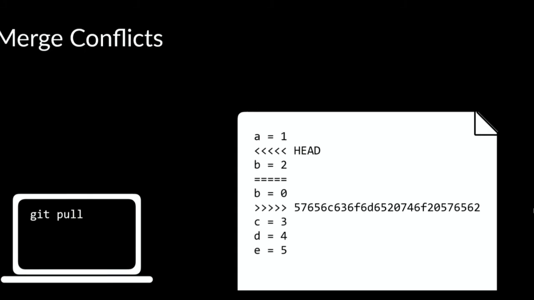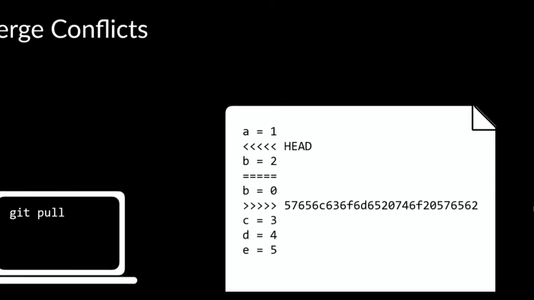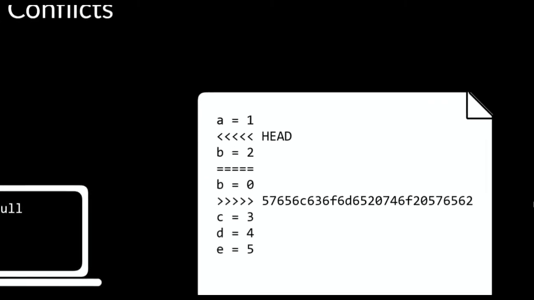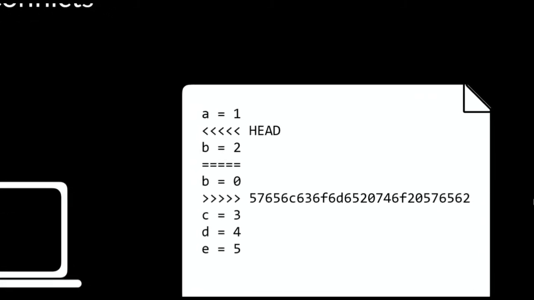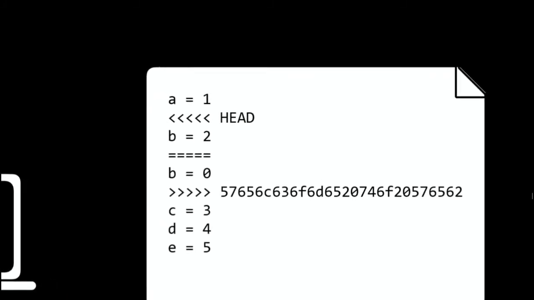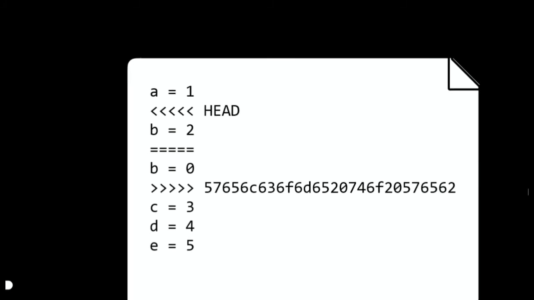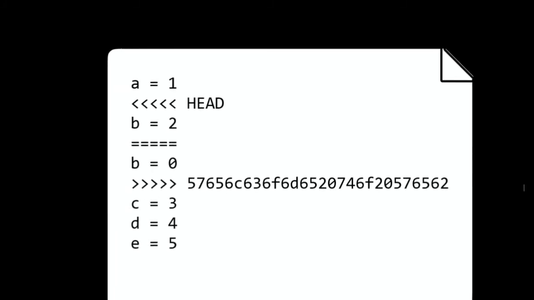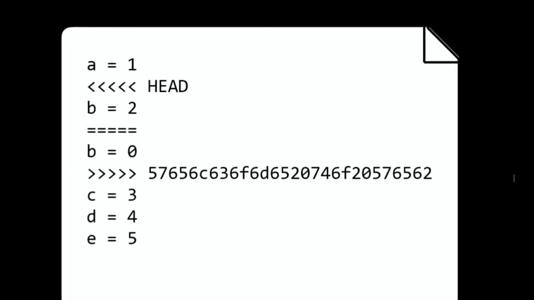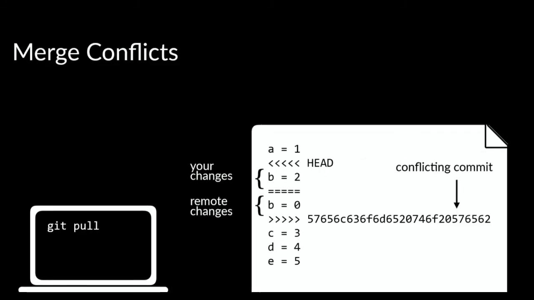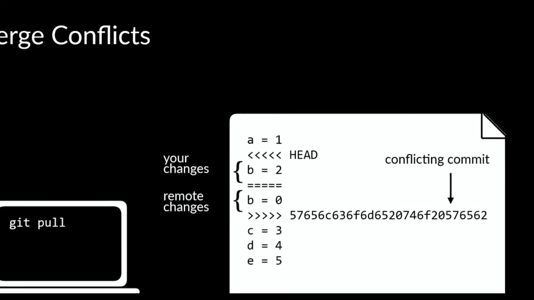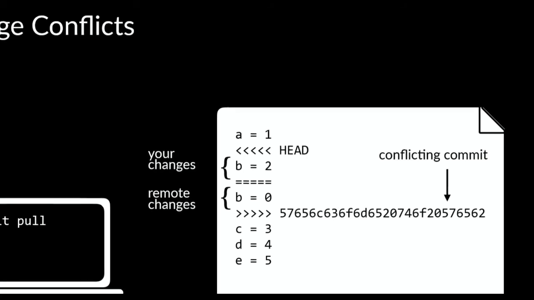So what does that look like? Well, if you open up the file with the conflict, you'll see something that looks a little bit like this. You'll see a bunch of less than signs and then HEAD, some lines and then equals signs, some more lines, and then this sort of random long sequence of numbers and letters. It might seem like a bit of jargon at the moment, but we'll break down what this actually means. When you look at a file like this, which results whenever there is a merge conflict in Git, there are a couple of things to keep in mind.